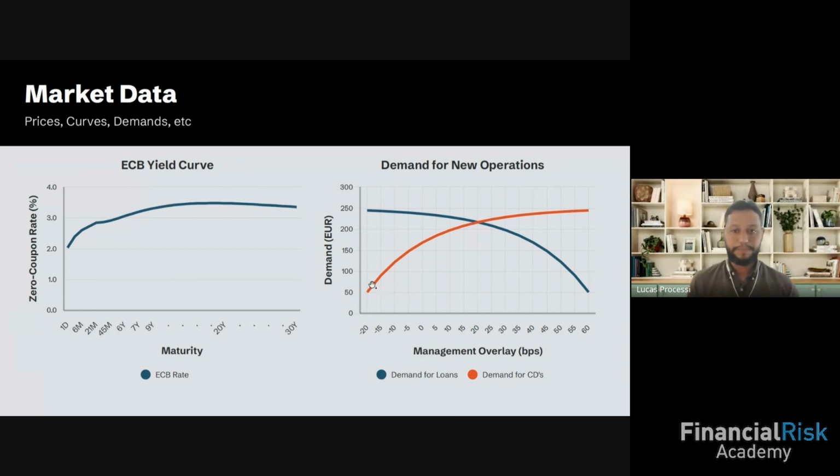So if we take a look here at this axis, the zero here is the fair FTP price of a product, right? And these numbers here mean the overlay. So the amount in basis points that we add over the fair FTP price, and the different demanded volumes for each one of the products.